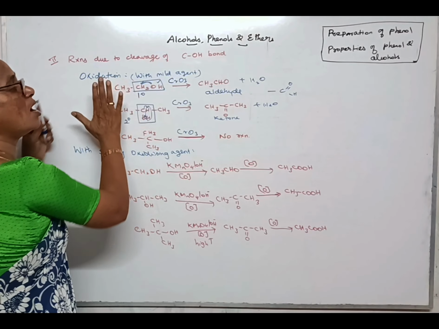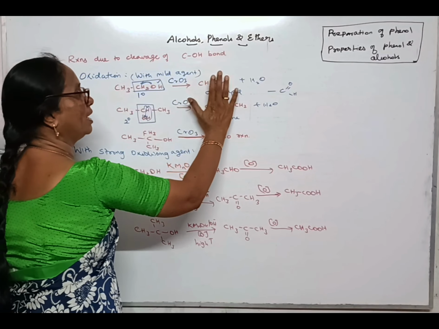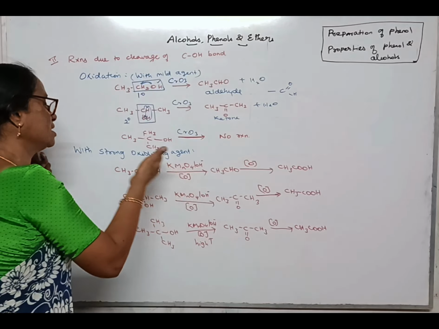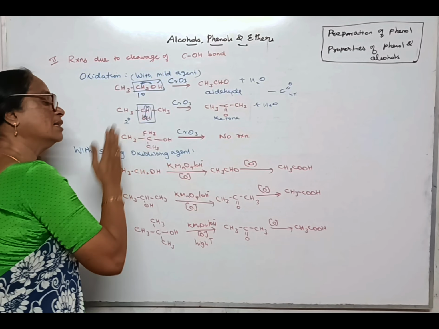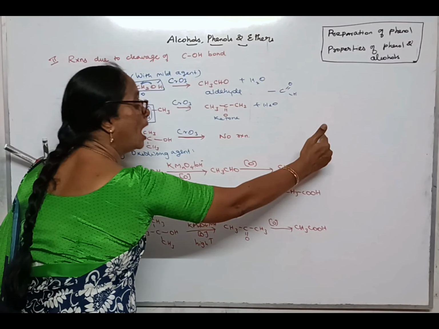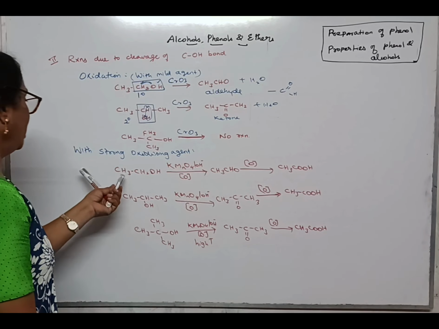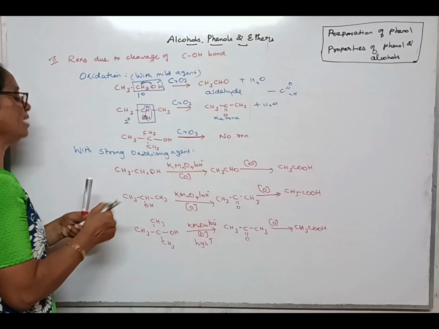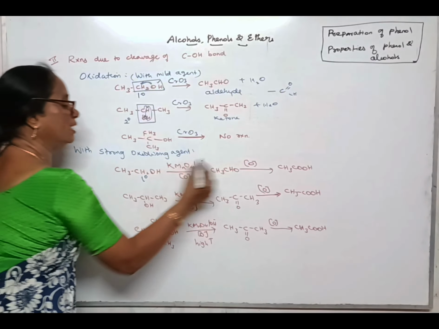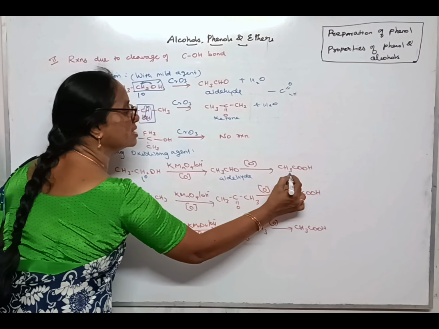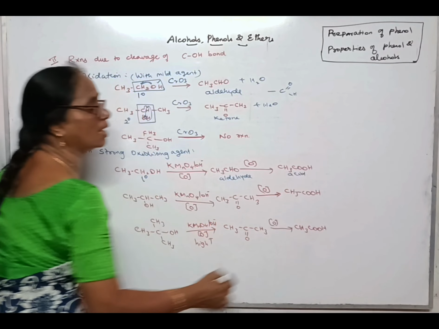Mild oxidizing agents stop the reaction at the formation of the carbonyl compound, but strong oxidizing agents can proceed the reaction until the formation of carboxylic acid. Here we have taken once again the primary alcohol; it oxidizes to aldehyde and further oxidizes into carboxylic acid.